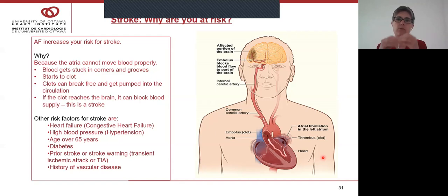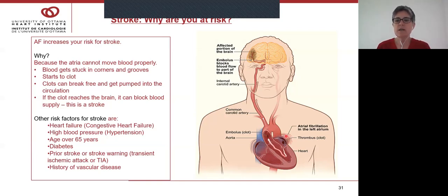But it does not flow as efficiently or as fast through the atria. And this can cause blood to pool in tiny grooves along the wall of the atria. And we also know in the left atrium, there's a tiny little pouch that you don't see in my picture called the left atrial appendage. And we know this can be a site where blood clots can form.